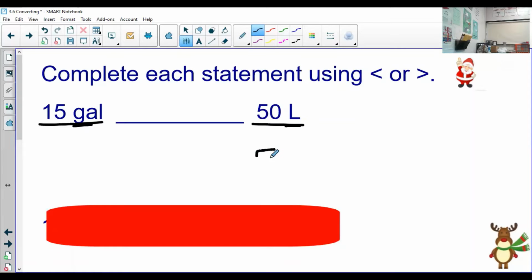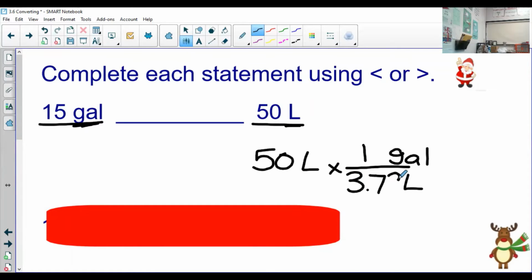So I'm gonna take 50 liters times a fraction. I start with liters and I need to get it to gallons, so I'm gonna go right here, okay? And then if I look at my paper, it says that 1 gallon is 3.79 liters.